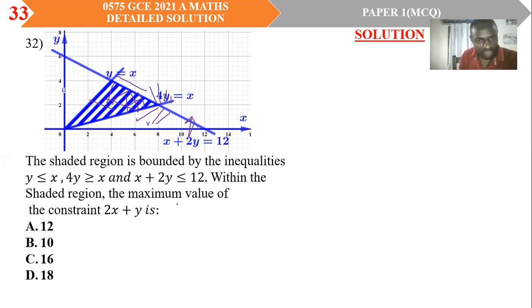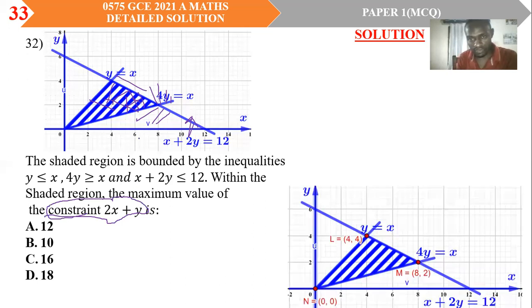Okay, the constraint we have is 2x plus y. So we identify the constraint and we look at the solution.